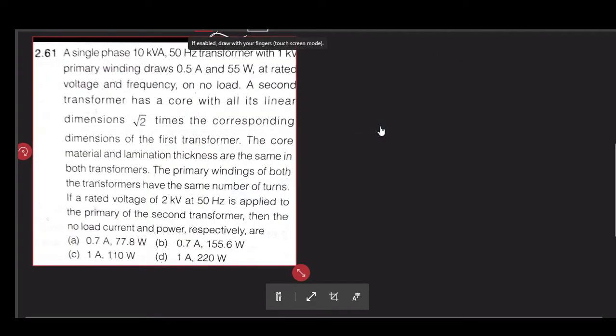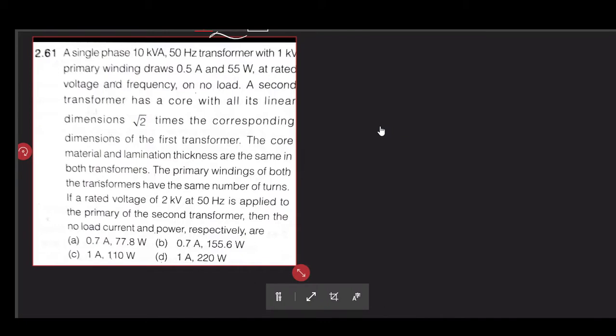So here this problem says: a single phase 10 kVA 50 Hz transformer with 1 kV primary winding draws 0.5 ampere and 55 watt at rated voltage and frequency on no load. A second transformer has a core with all its linear dimensions √2 times the corresponding dimensions of the first transformer.